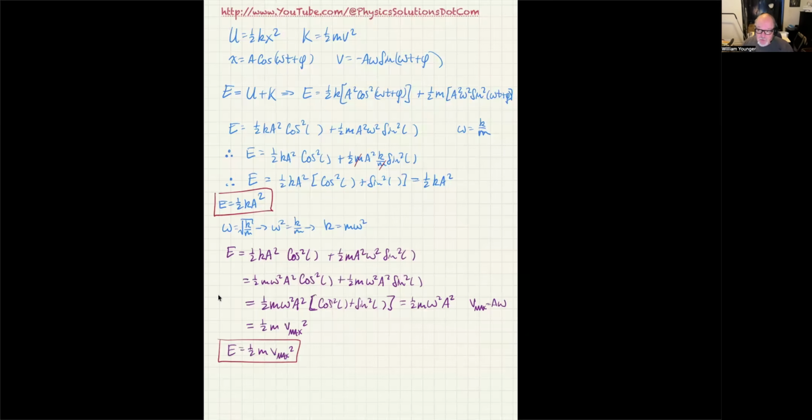And then the other side is all the stuff: 1/2 K A squared cosine squared of omega t plus phi, plus 1/2 m A squared omega squared sine squared of omega t plus phi. And you can use that to figure out, for instance, what the position is at any point in time based on the energy, all that good stuff.